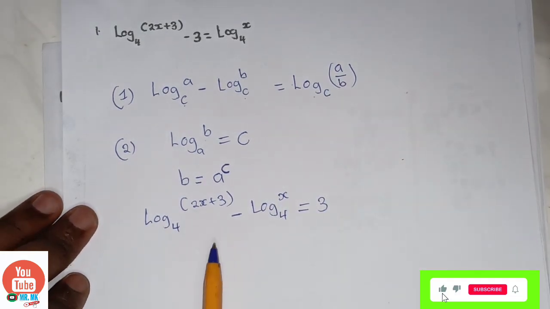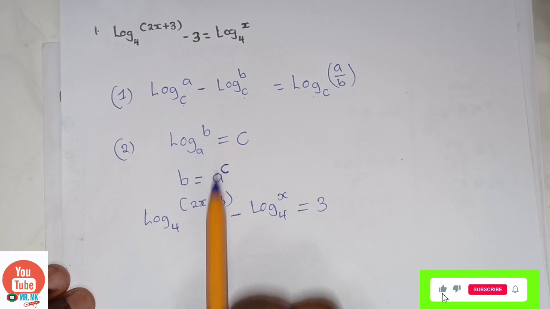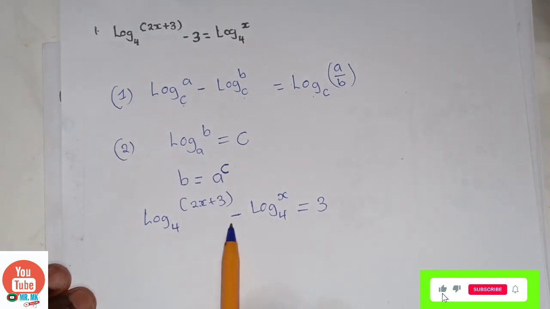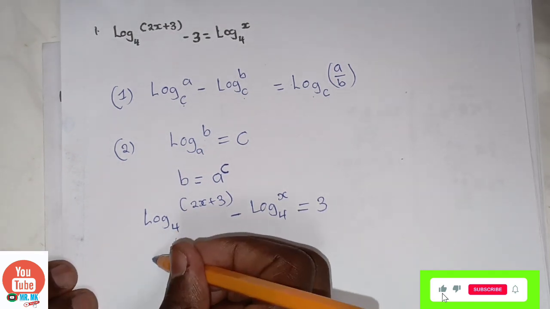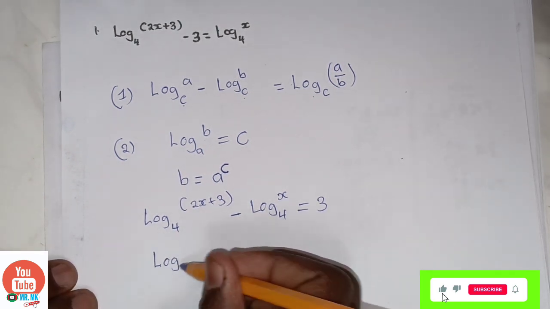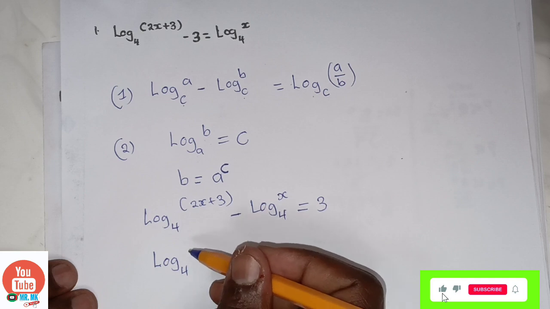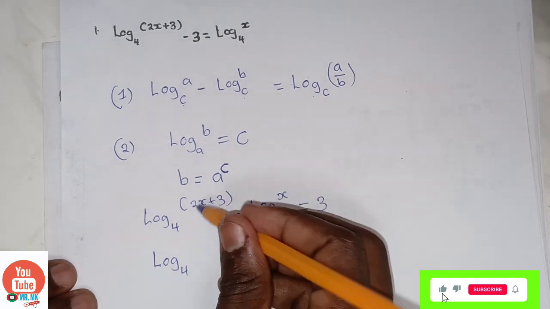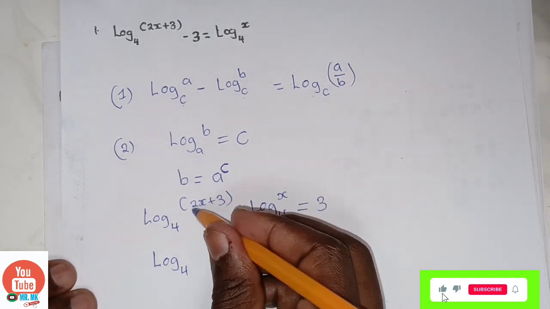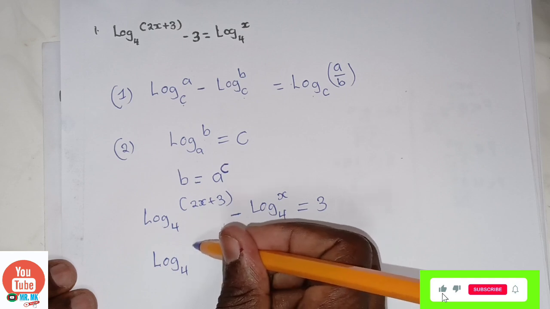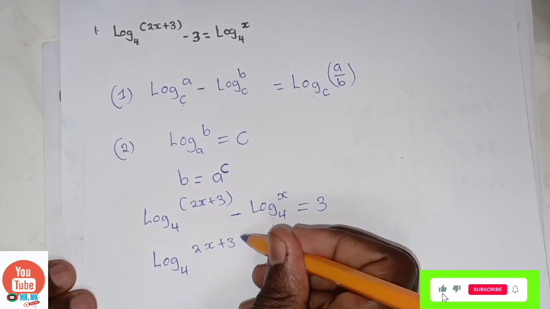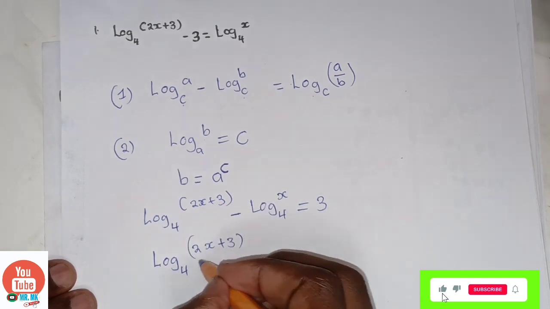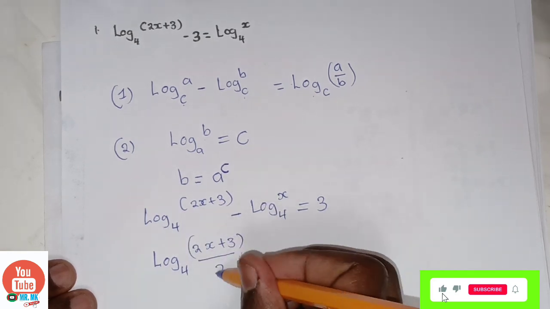Remember, you need to apply the first property. In between, we have a negative. For that case, the bases are the same. If the bases are the same, you just take one base. Let's say log 4 of (2x + 3) over x.